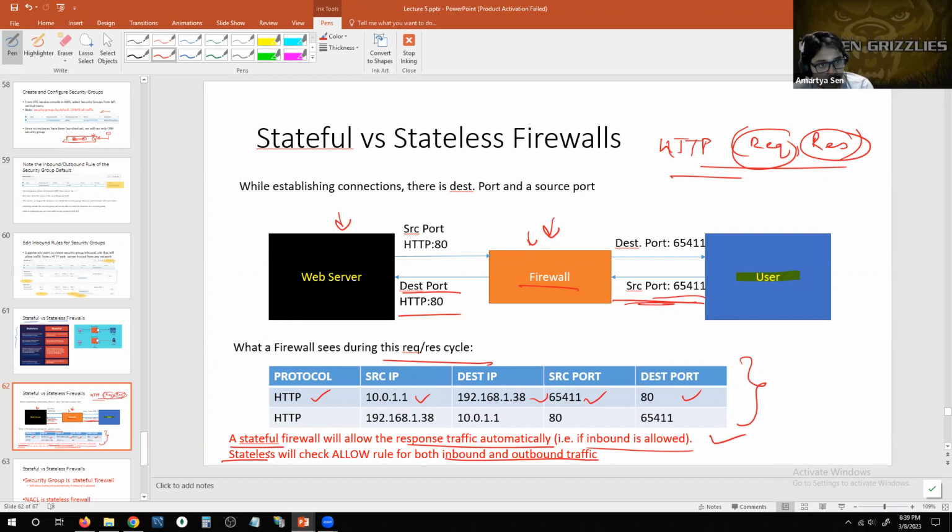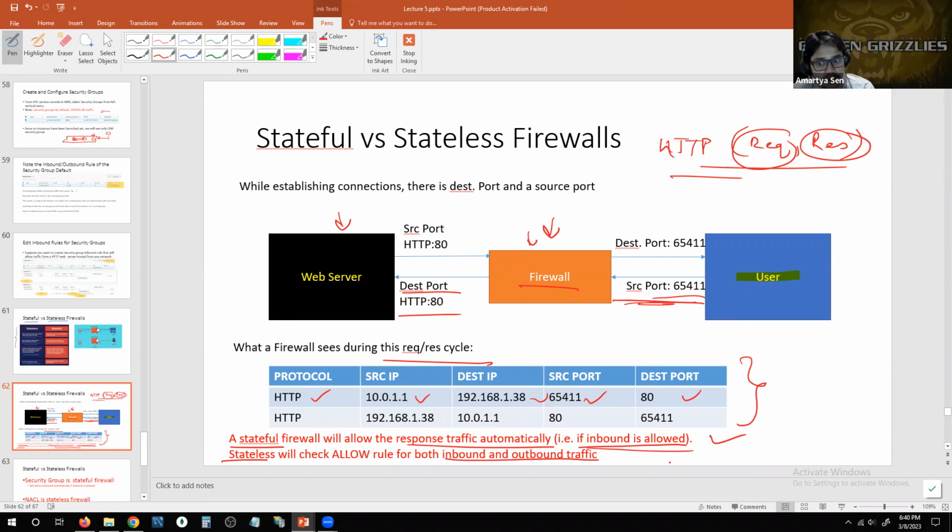If you have a stateful firewall, then it will automatically allow by default the outbound traffic if the inbound traffic is allowed for that particular HTTP request-response cycle. Whereas if you have a stateless firewall, it will apply the rules for both inbound and outbound traffic after checking both times. It doesn't matter if the inbound came, it will not allow the outbound by default. It will check both of them both times.